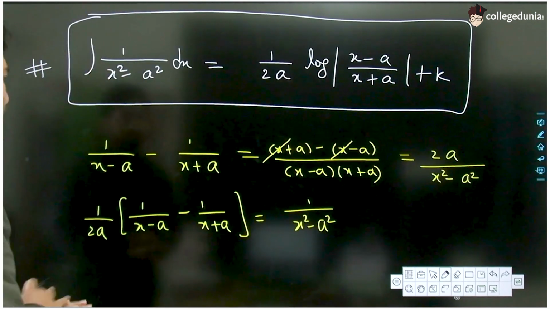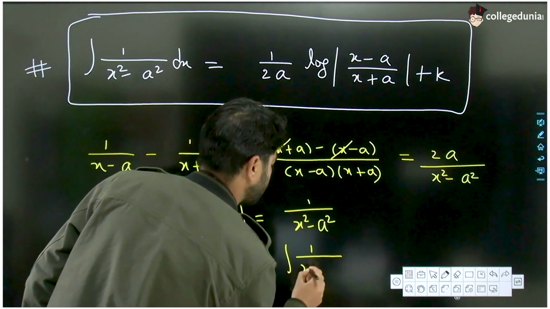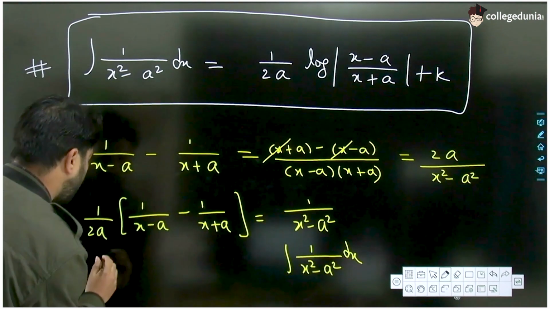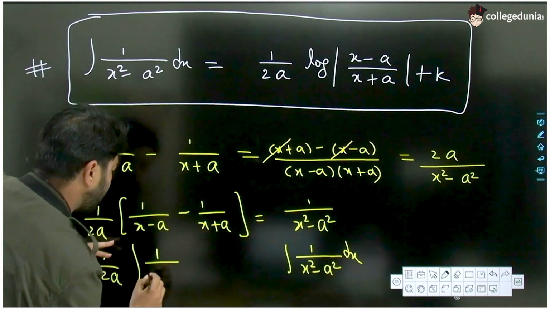Now let's integrate both the sides with respect to x. This 1 upon 2a is a constant term, and the variable part will be inside the integration sign.